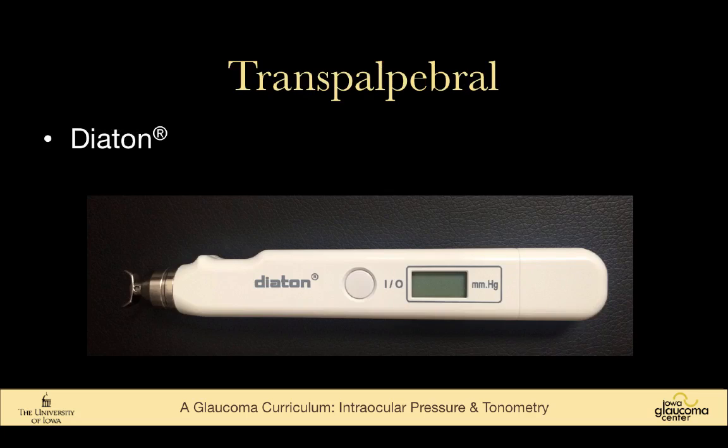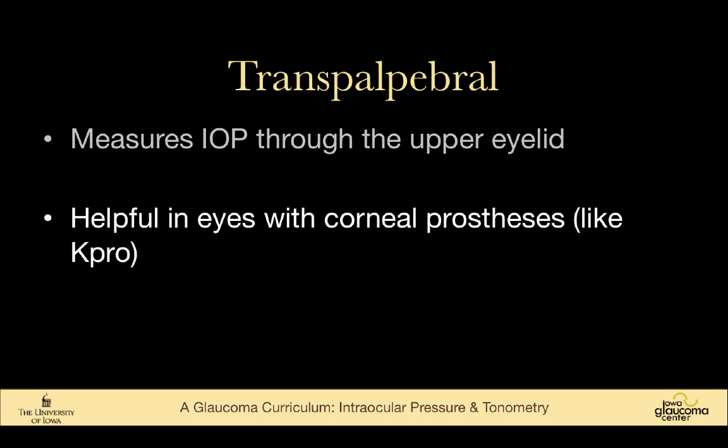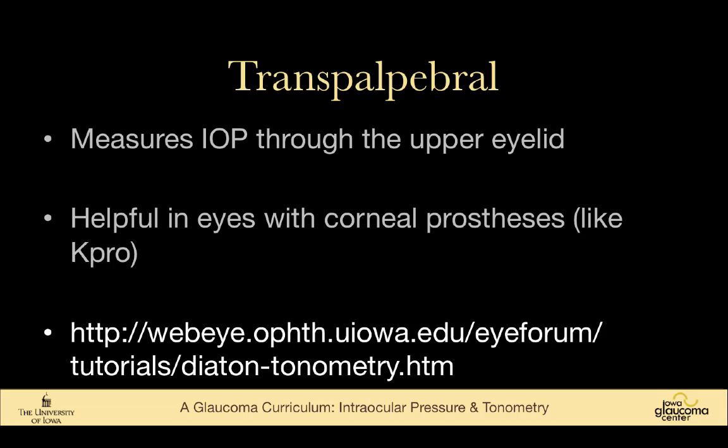And transpalpebral tonometry, called the Diaton. So the Diaton measures intraocular pressure through the upper eyelid. It's helpful in eyes with corneal prostheses like the K-Pro. I have found the instructions with the Diaton to be almost impossible to understand.